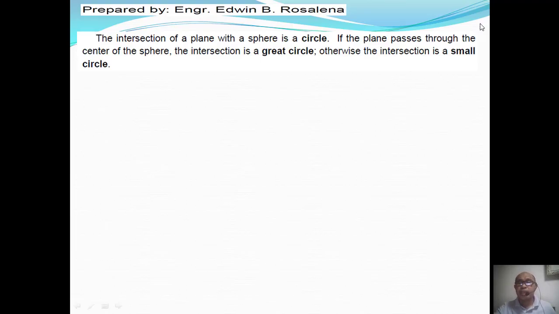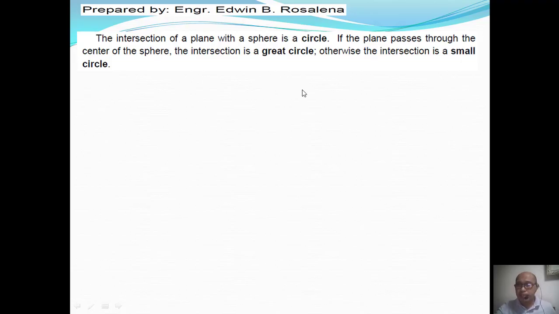If the plane passes through the center of the sphere, the intersection is what we call the great circle. The great circle is the biggest circle cut from a sphere. Otherwise, if the intersection is a smaller one, we call it a small circle.